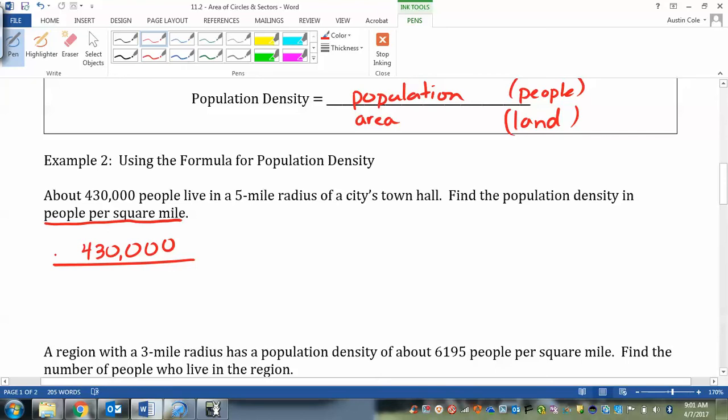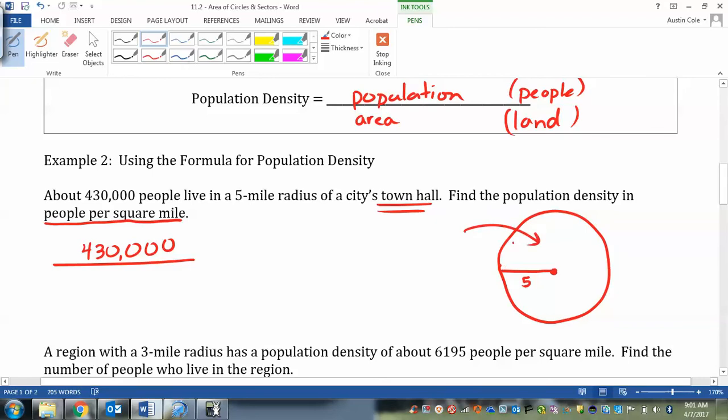Is that 5? That's just the radius, isn't it? So of a city's town hall. Let's pretend the town hall is here. A 5-mile radius makes a circle. 430,000 people live in that circle.